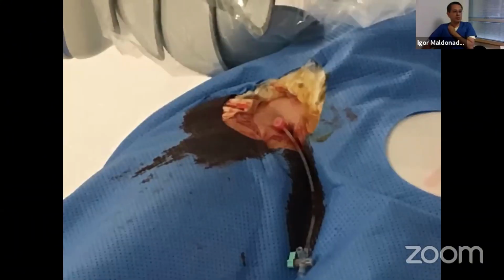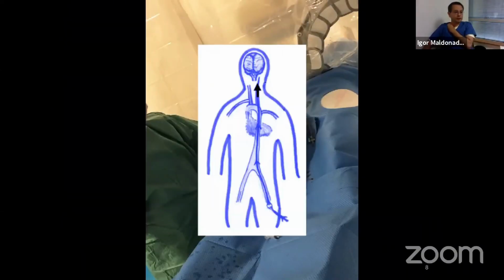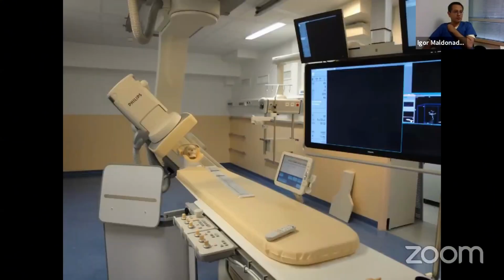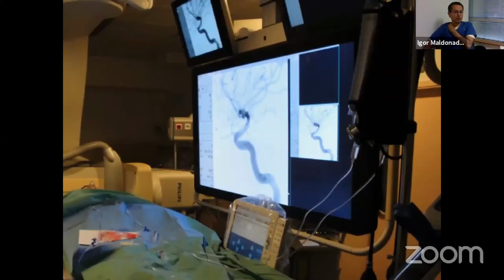Once the sheath is in place, the operator can introduce the angiographic catheter and navigate in the vessels until the neck or the intracranial space, mainly through the carotid or vertebral arteries. The catheter progression is followed in the angiosuite, the vessels are opacified, and then you get two-dimensional images such as this one, or this one very amplified with bone subtraction.